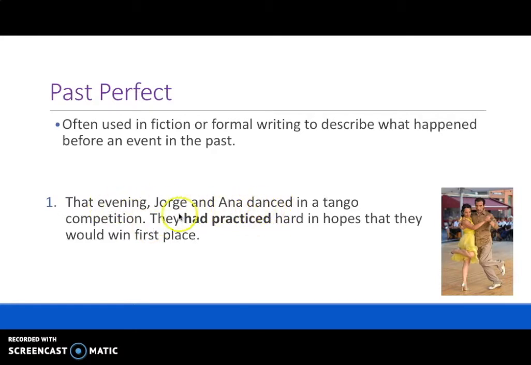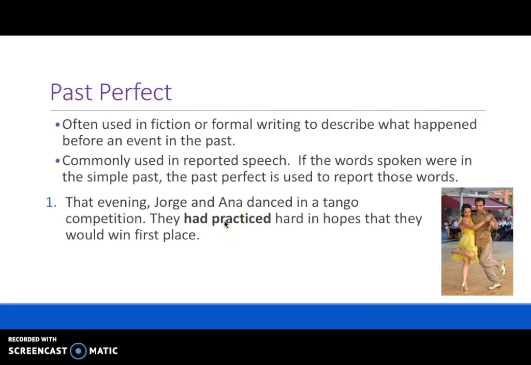Danced is in the simple past. Then the next sentence is describing something that happened before the first sentence. So that evening, they danced in a tango competition, but before that, they had practiced hard. So we use the past perfect to show that happened beforehand.